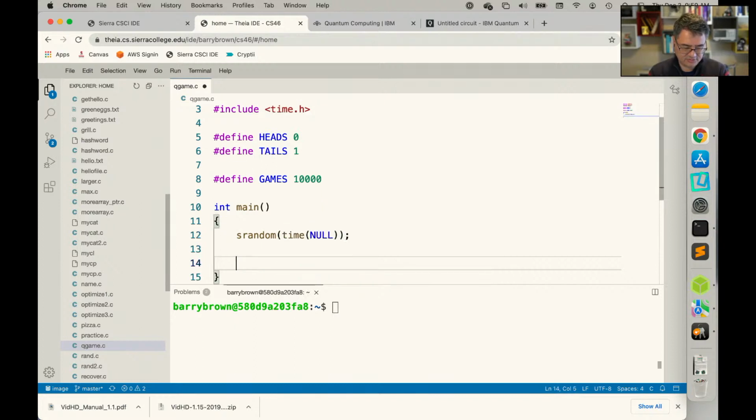So the first thing we do is initialize our random number generator. And we're also going to keep track of the number of times the coin ended up being heads. So the number of times the computer won.